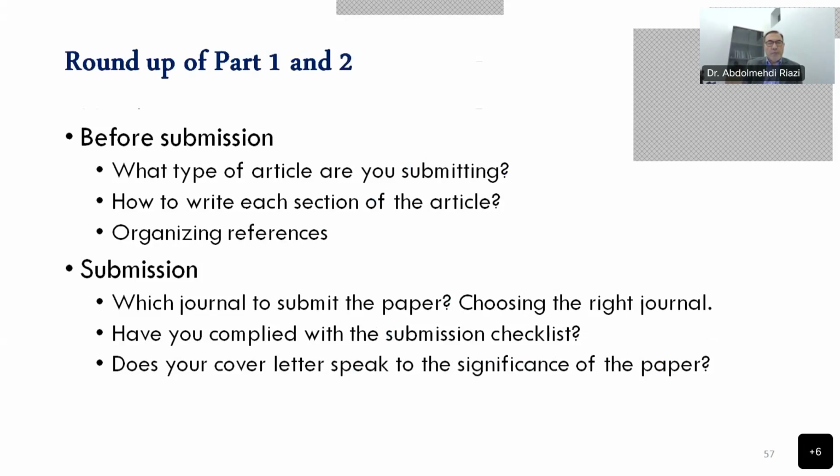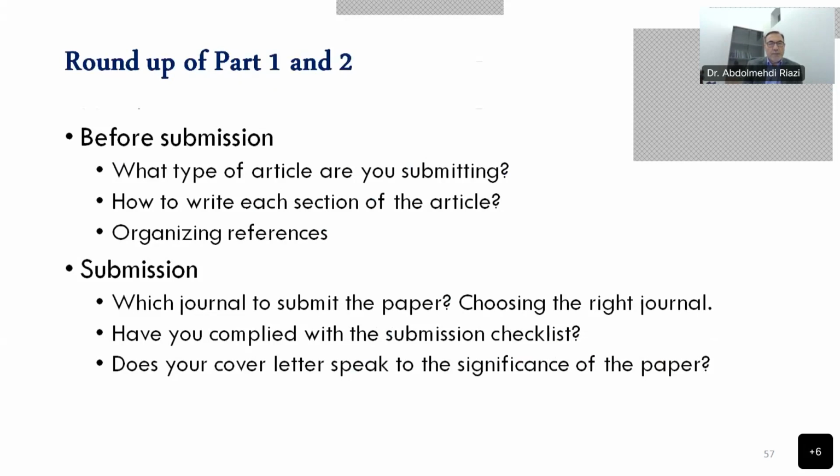The other topic that we discussed today was choosing the right journal. It's very important because a relatively high percentage of desk rejections occur when journal editors or the office of the editors get back to the authors and say that we are sorry, this article does not fit within the scope of our journal.